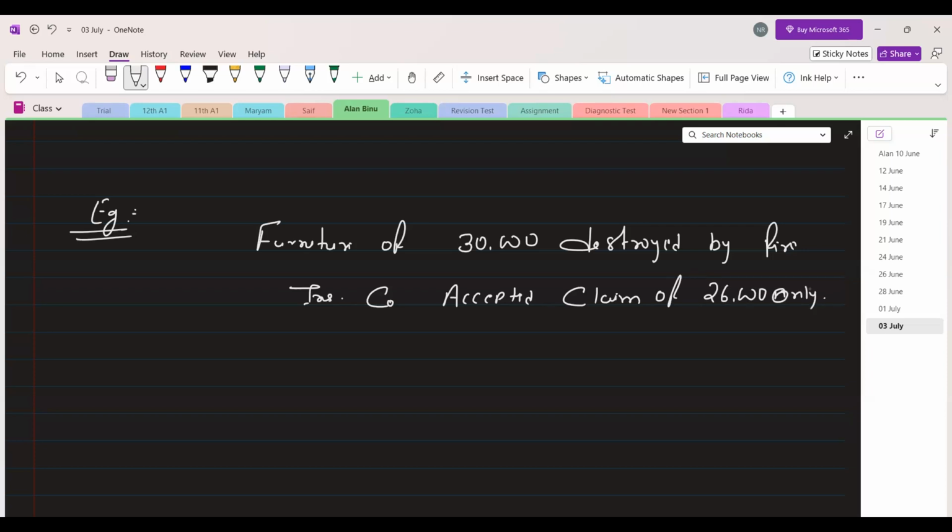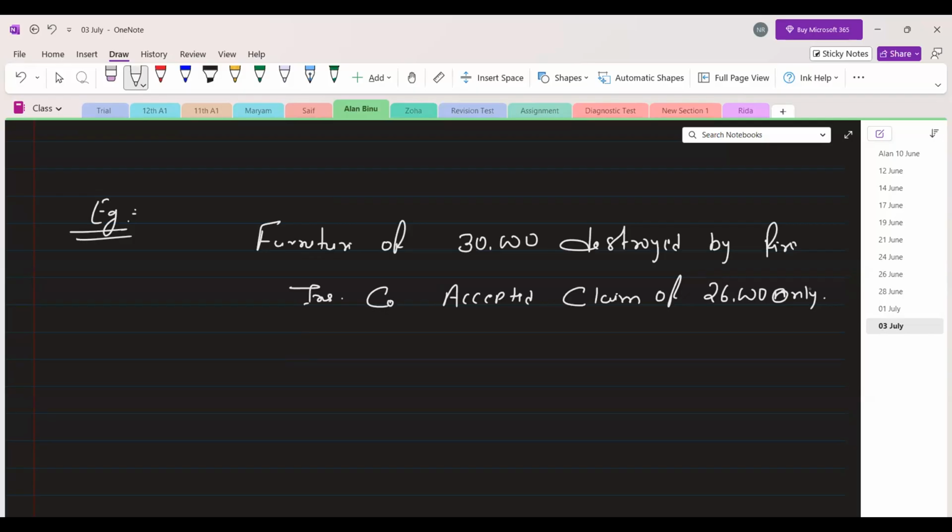Now tell me, this is a question for you: if there is a loss of 30,000 in your business, how much amount will you ask from the insurance company?